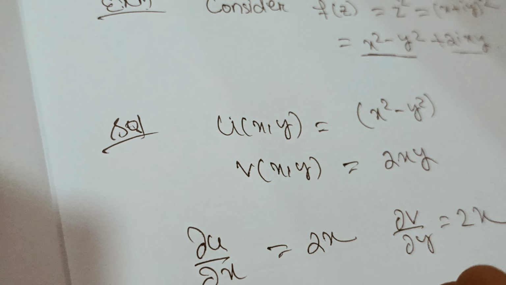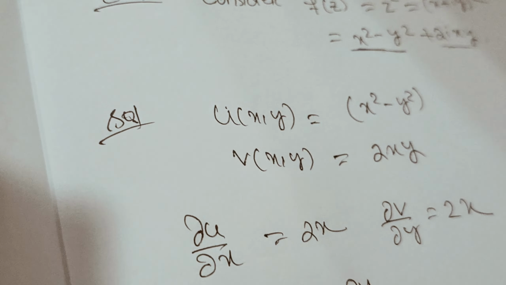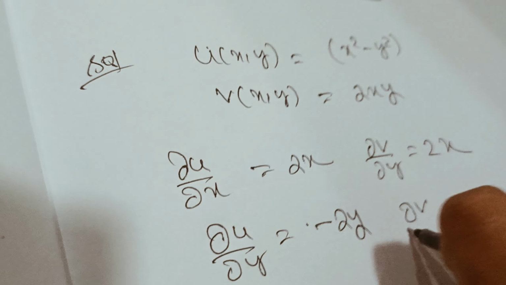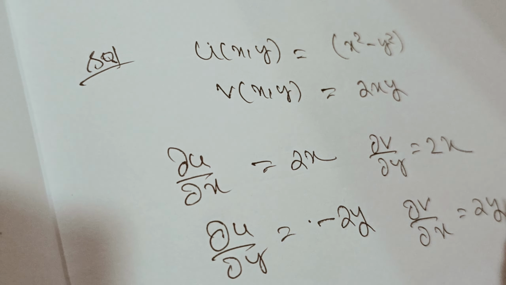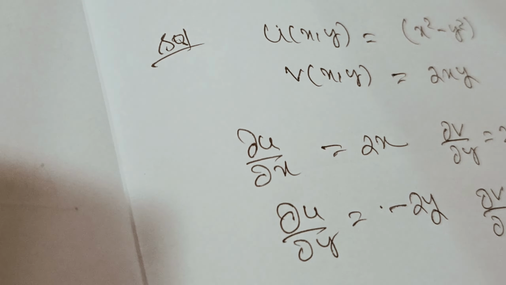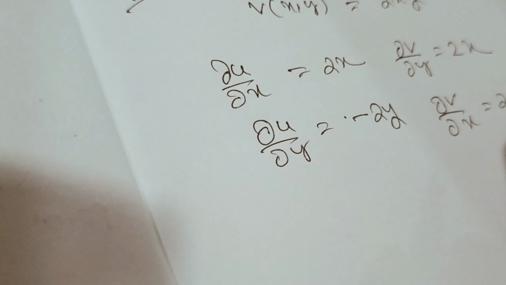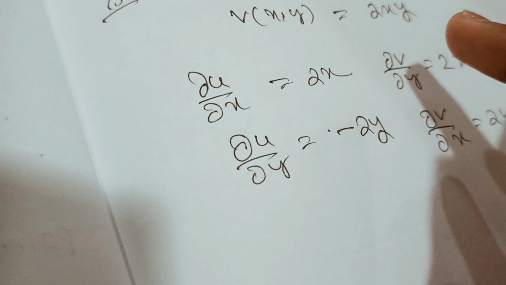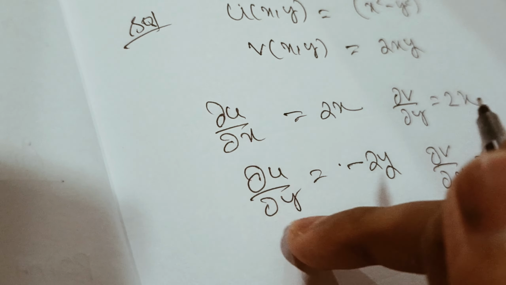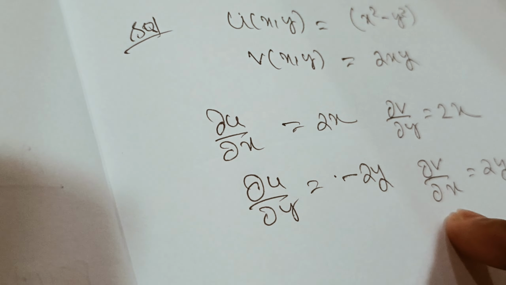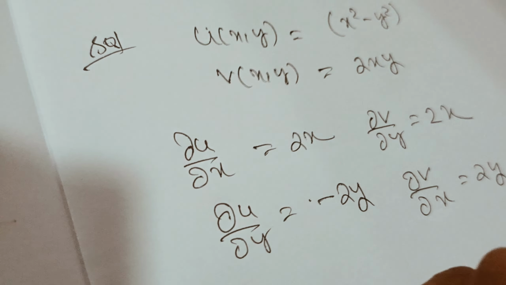Del u by del y equals minus 2y and del v by del x equals 2y. So del u by del x equals del v by del y, and del u by del y equals minus del v by del x. So the equations are satisfied, so this function is analytic.